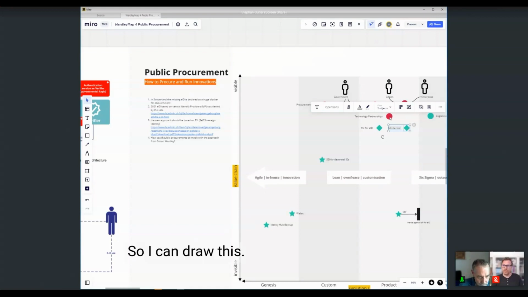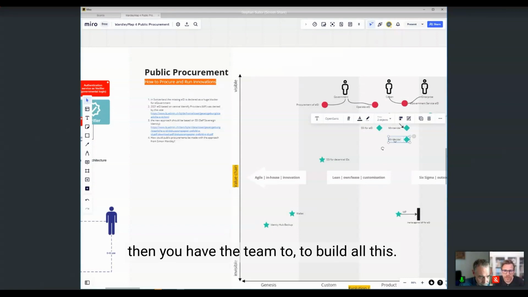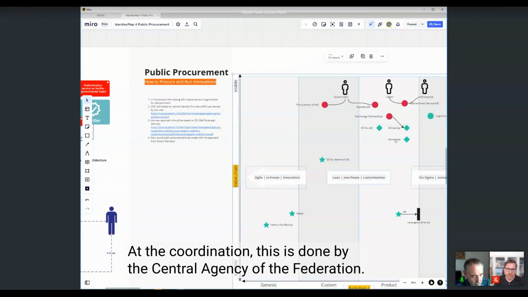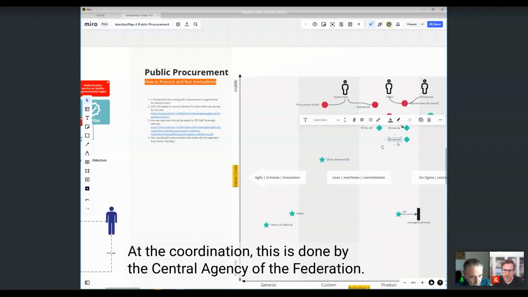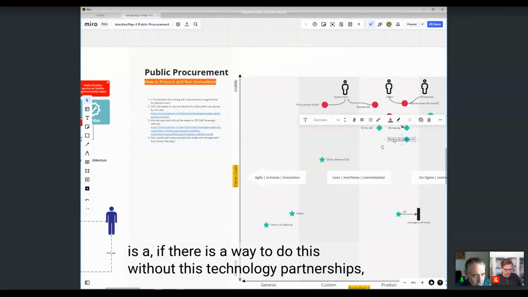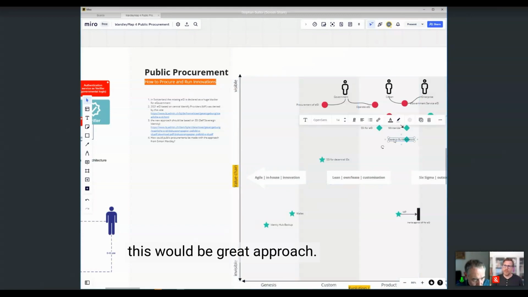So we can draw this: we make these mini tenders, and then you have the team to build all this. And the coordination is done by a central agency of the federation. But what we're searching for is if there is a way to do this without these technology partnerships. This would be a great approach.